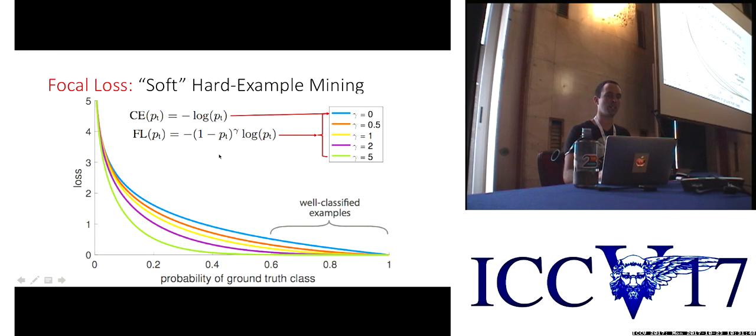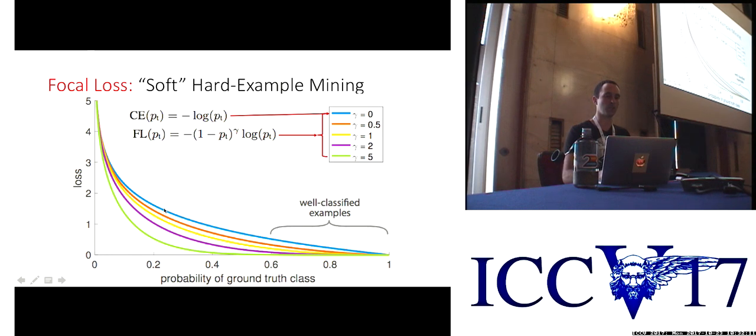And now the key to making this work is the development of a loss function that's effectively a soft version of hard example mining. It's something that we call focal loss, which I'll explain in a moment. So this graph here shows the loss functions as a function of the probability of the ground truth or the target class being predicted.